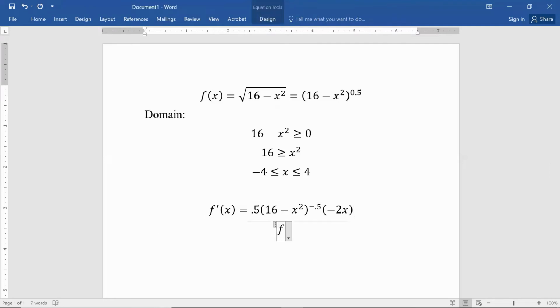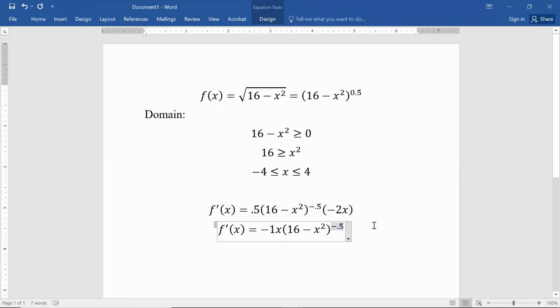That means f prime would be equal to -1x times 16 minus x squared to the -0.5 power. -2 times 0.5 is -1. Then we have an x out front, and there you go.